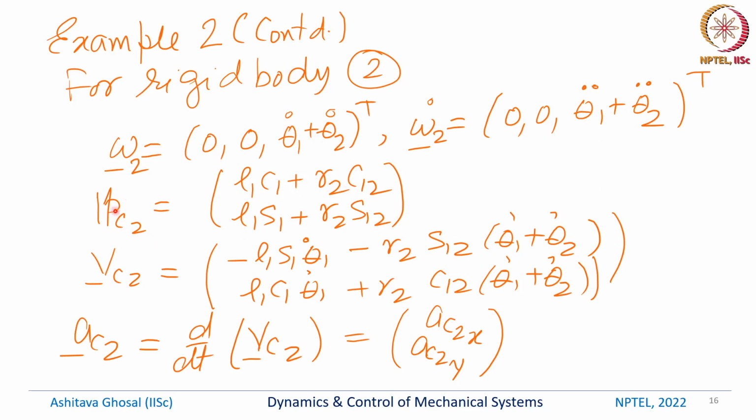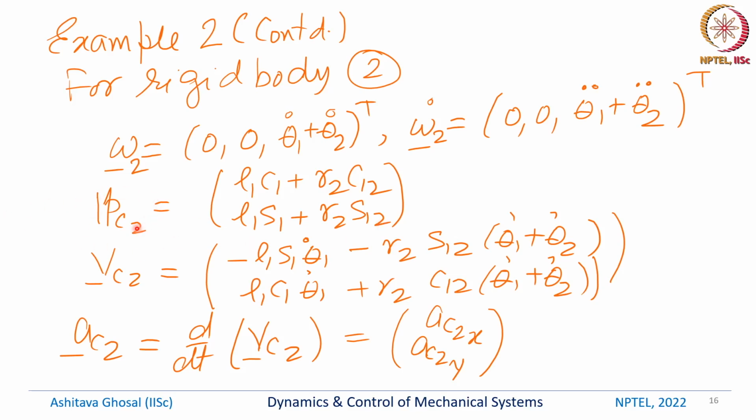The position vector of the CG of the second link is L1 C1 plus R2 C1 2, and the y component is L1 S1 plus R2 S1 2. So it is nothing but a simple vector. You go from the origin OA to the end of the first link, and then again you go from there by R2 to the CG of the second link.